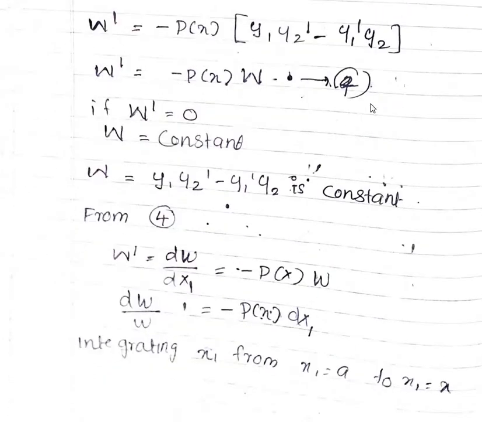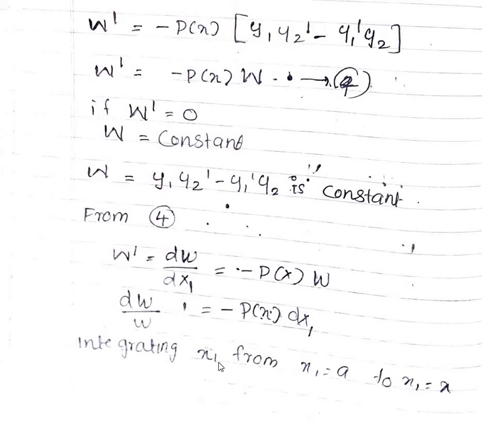So from this equation number 4, we can write W' = dW/dx1 = -p(x) W. We can take W on one side, common terms on a single side. So dW/W = -p(x) dx1.